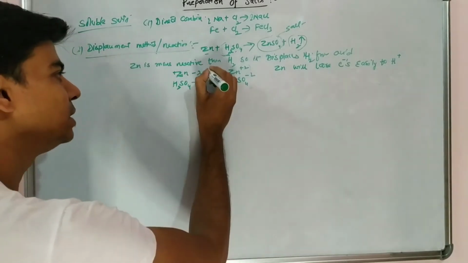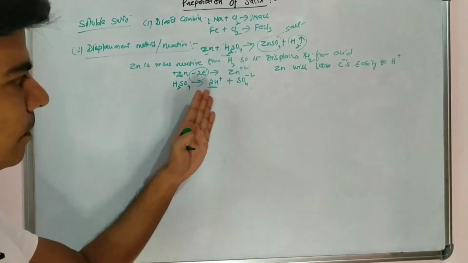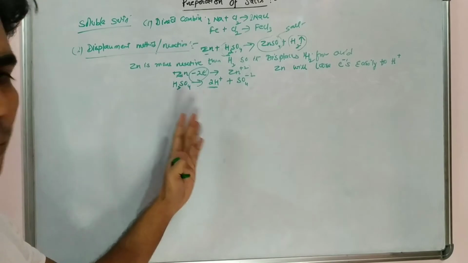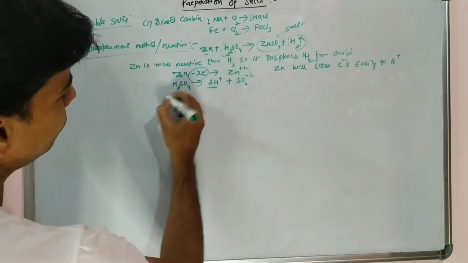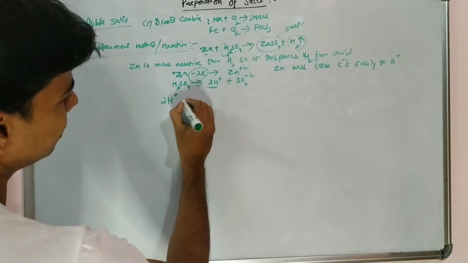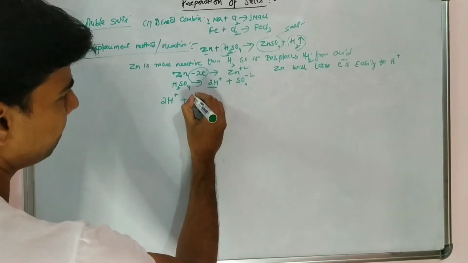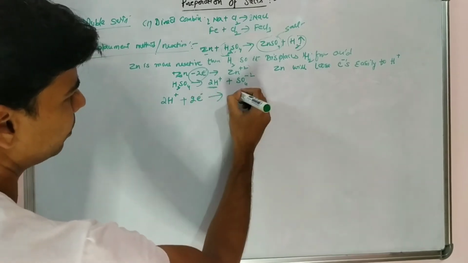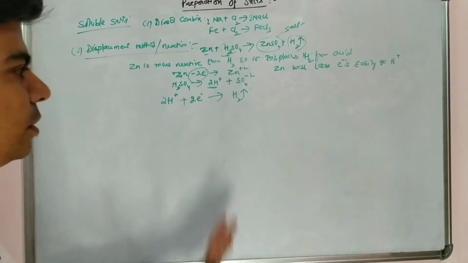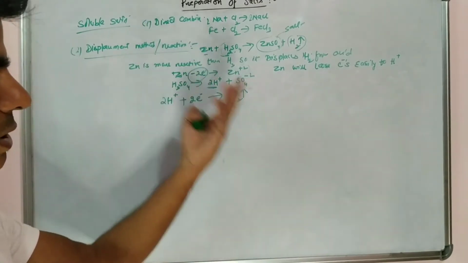The electrons that zinc will lose would be gained by hydrogen ions, which are ionized from sulfuric acid. So 2 hydrogen ions will gain these 2 electrons lost by zinc, forming hydrogen gas. This is important. To understand this reaction, we must understand what is exactly happening.